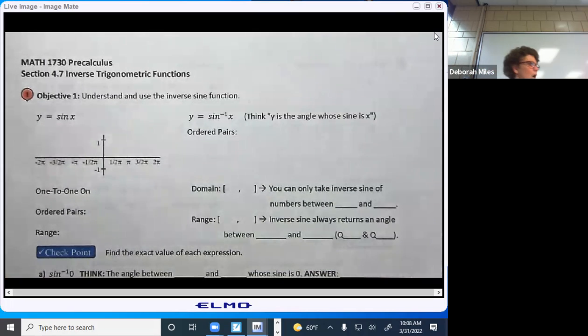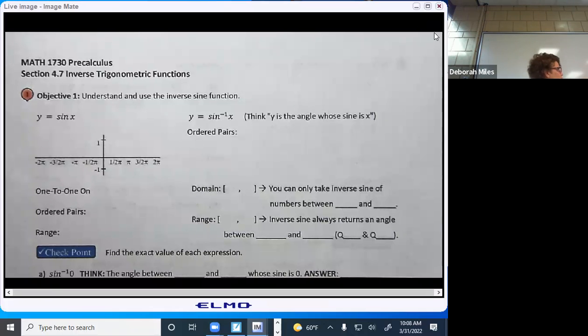And honestly, this section for most people is a little bit difficult, just like division was a little bit difficult after you'd spent a whole year multiplying. It's hard to learn to think backwards. And that's what we have to do with inverse functions.